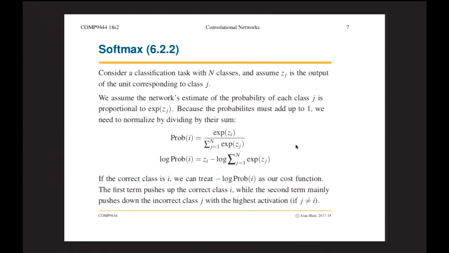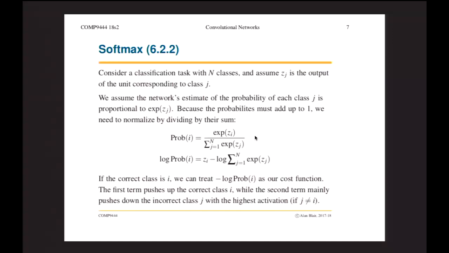Okay, so there's always this relationship between different outputs. If this output is 1 higher than another output, that means that it's more likely by a factor of e. And so this is what we use. So we interpret this as a probability and then we play the same game.